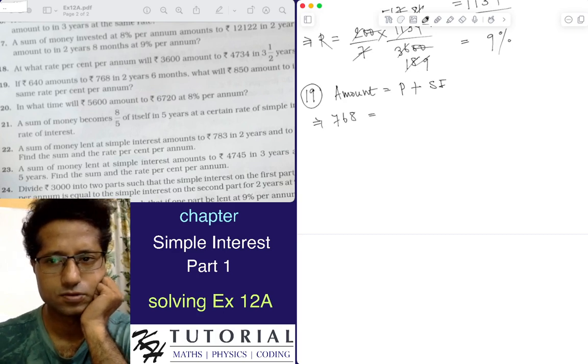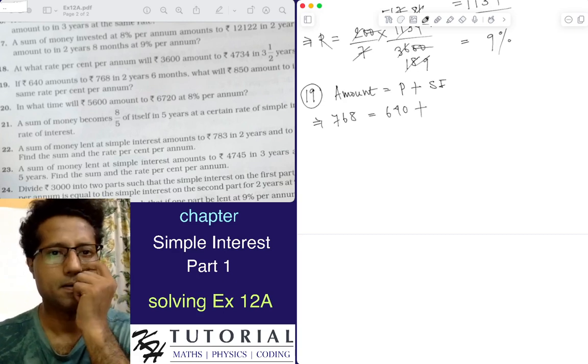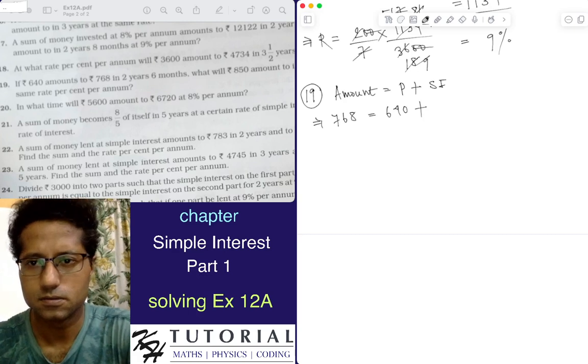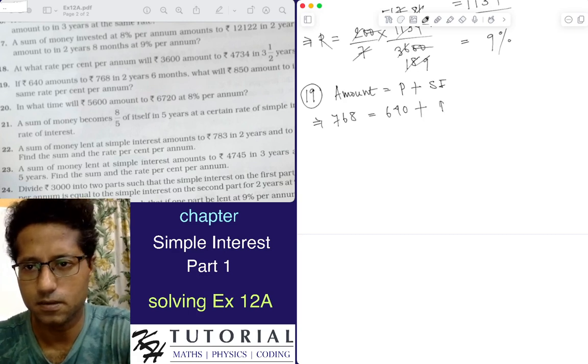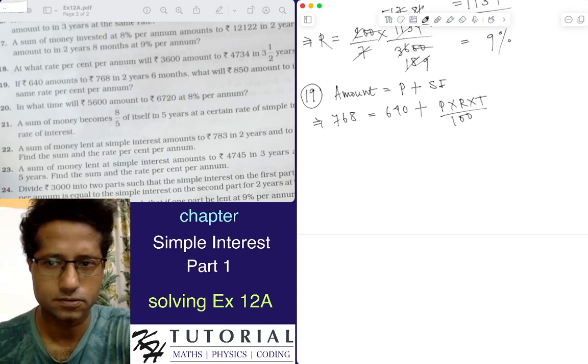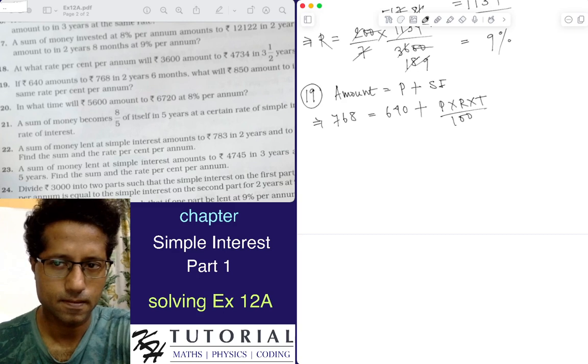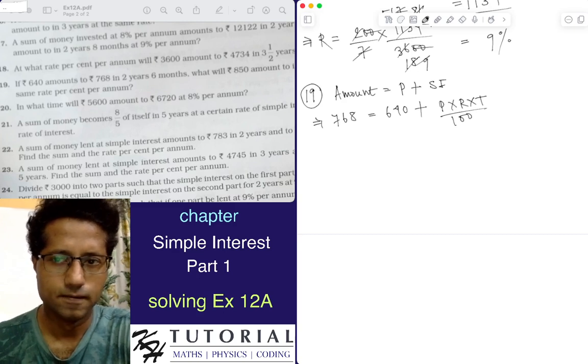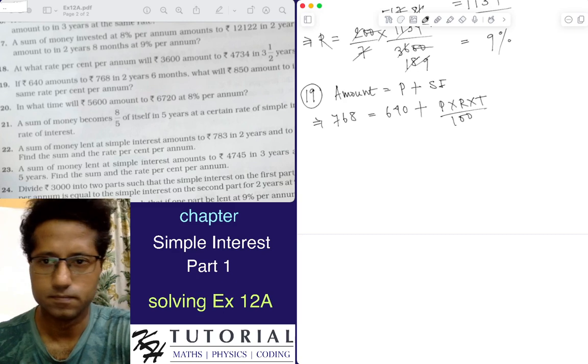Rupees 640 amounts to means principal is 640, and the time is 2 years 6 months. Now SI is P into R into T by 100. We don't know the rate of interest.